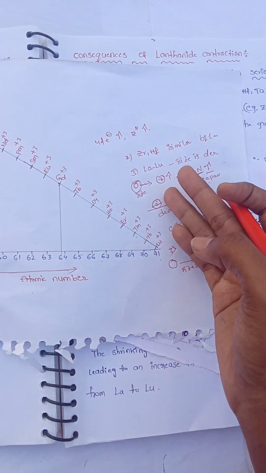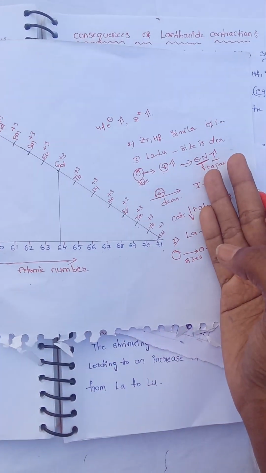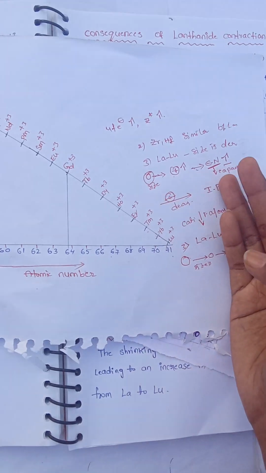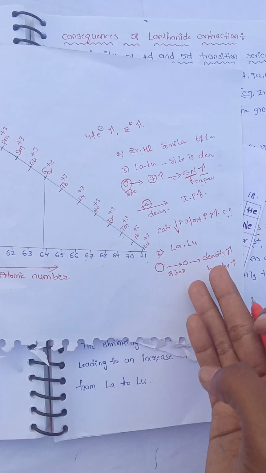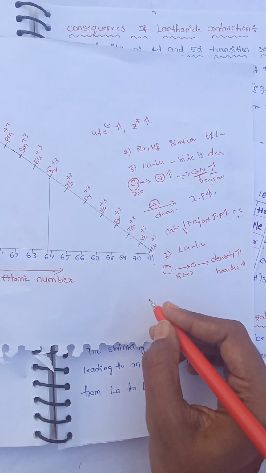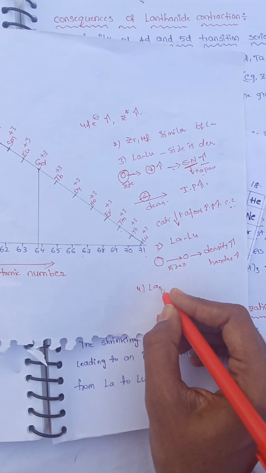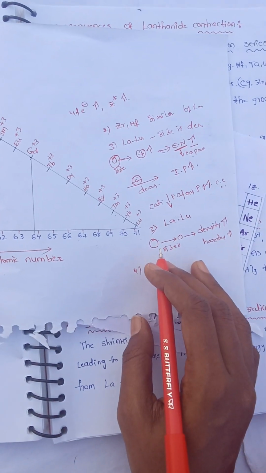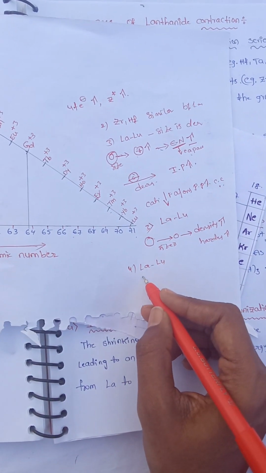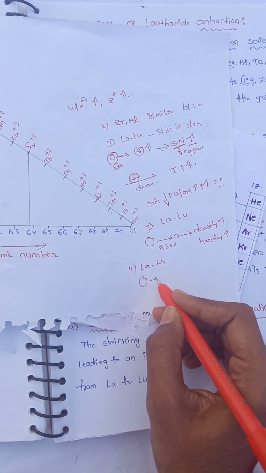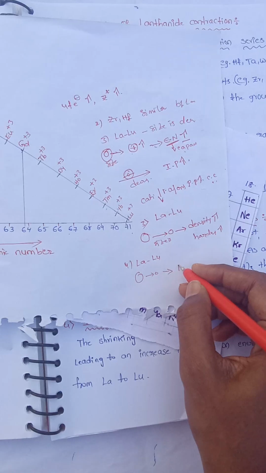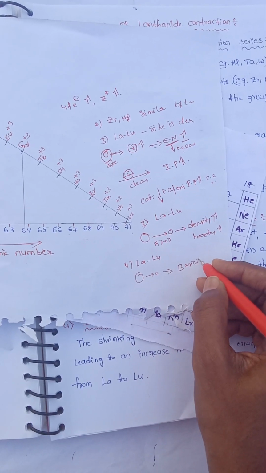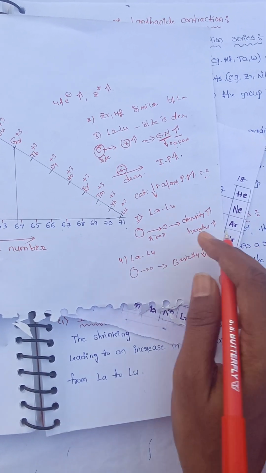Simple: if size decreases, nuclear charge increases, electronegativity increases, and ionization potential increases. When size decreases, density and hardness increase. And another is lanthanum to lutetium, again size decreases, basicity decreases and reducing agent strength also decreases.